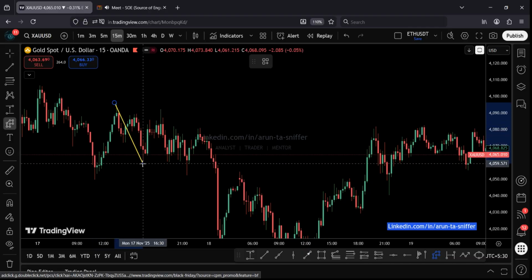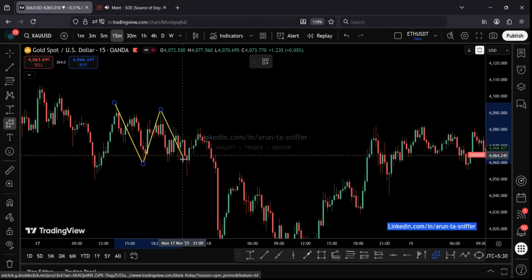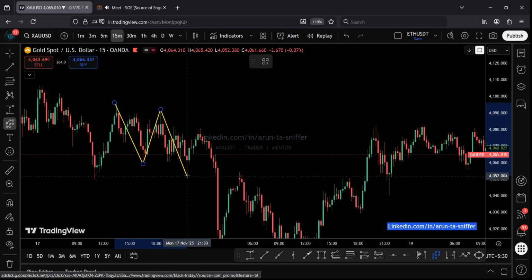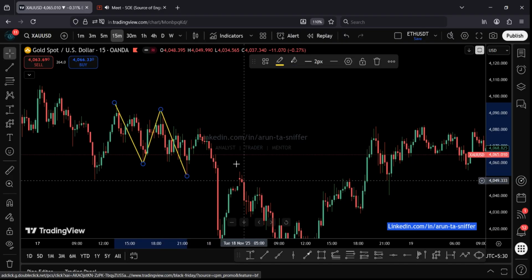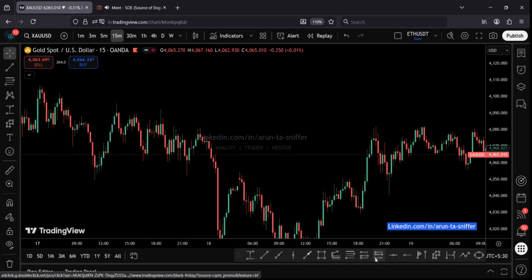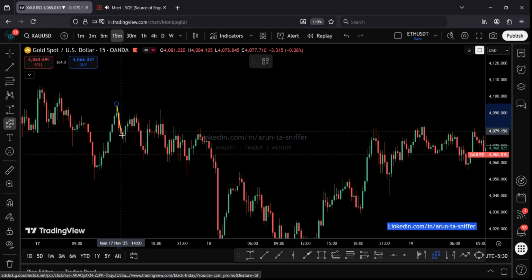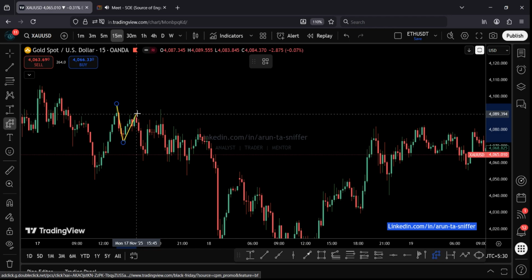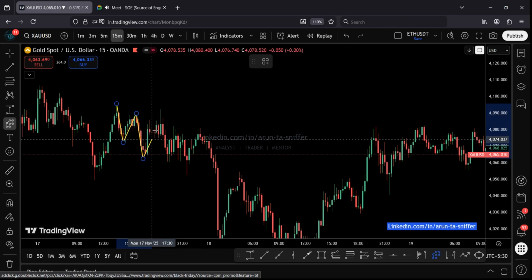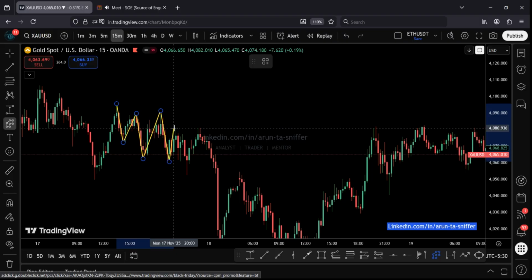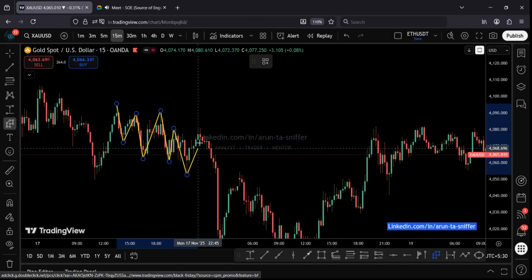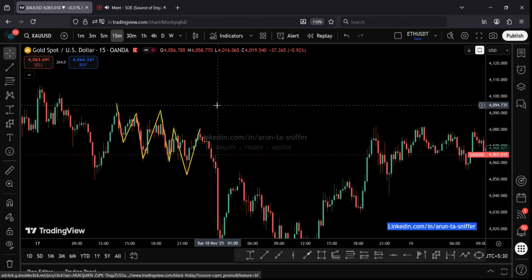Price comes down, goes up, then comes down, then goes up. Take it from here. Comes down, goes up, comes down, goes up, comes down, goes up, comes down, then goes up.